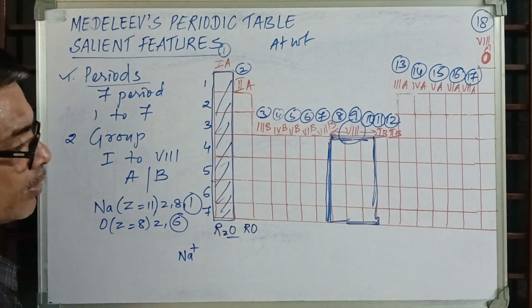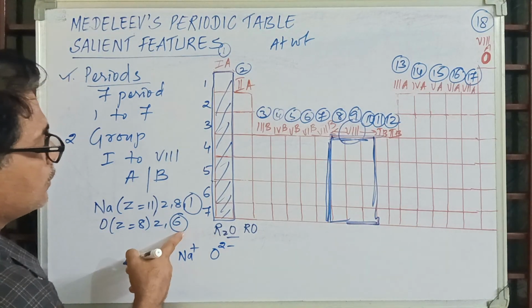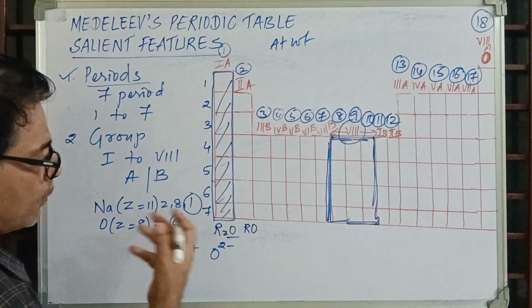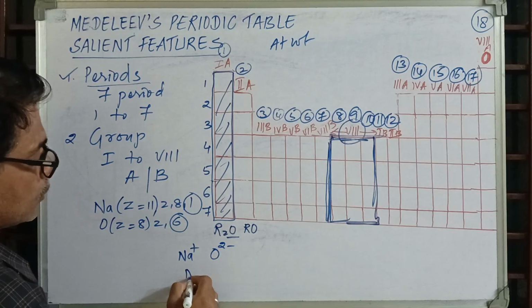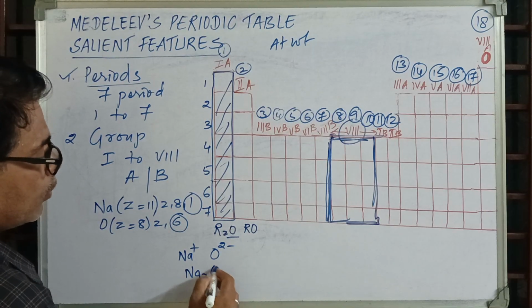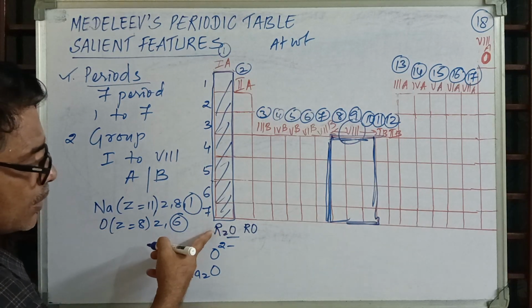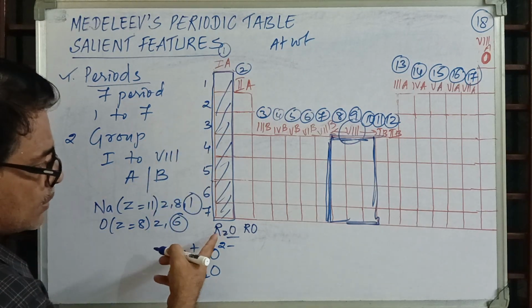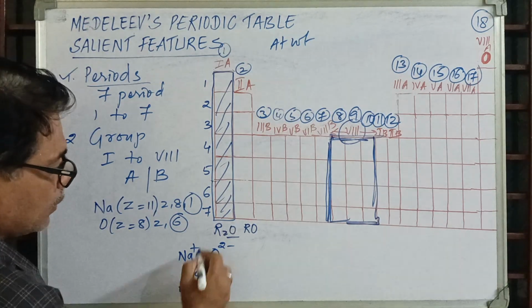How many does it require to obtain stability? It requires 2, because it has 6, to make itself a stable configuration of 8. You crisscross: Na is given that 2 and O gets 1. What did I tell you? You should consider all the elements in this group as R. Therefore the formula is R2O. Exactly, finished.